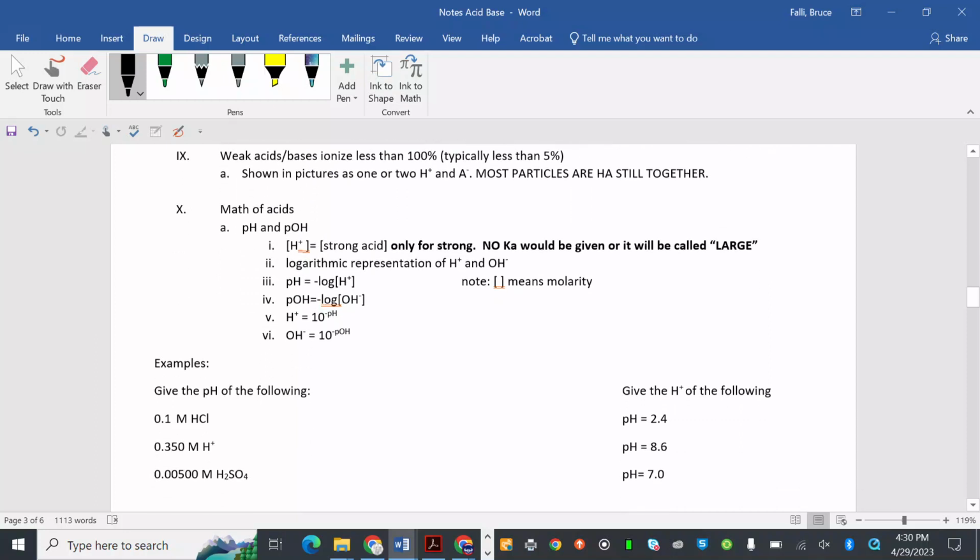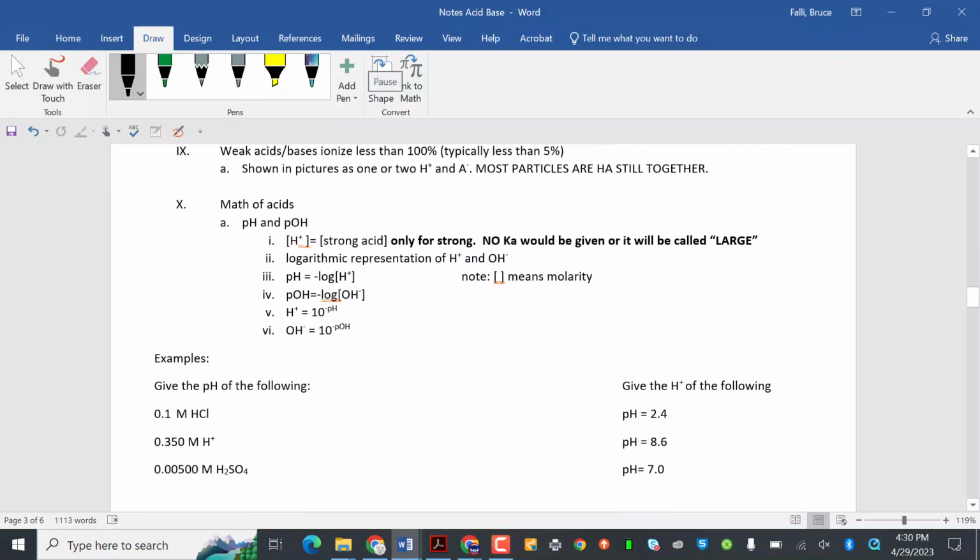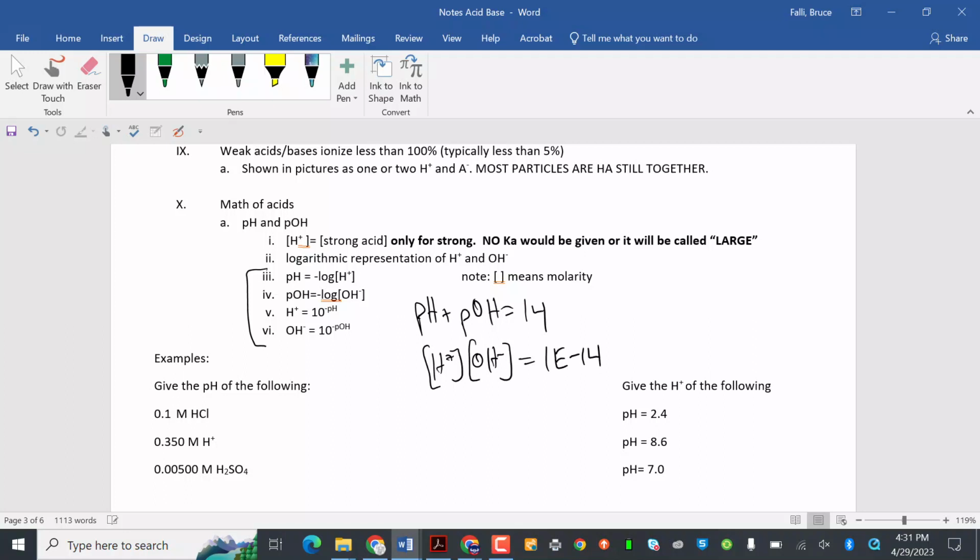So now let's get our calculators out and do some math. There are equations you need to know, which are 3 through 6, okay? You need to know pH plus pOH equals 14. And then the one that I give you that nobody uses is the concentration of H positive times the concentration of OH negative is 1E negative 14.